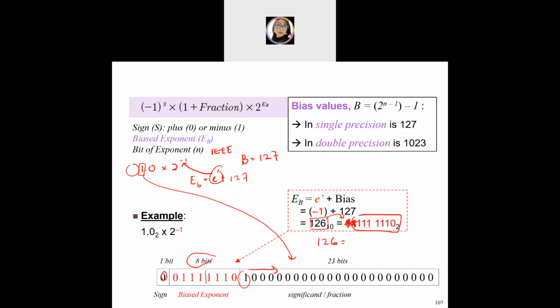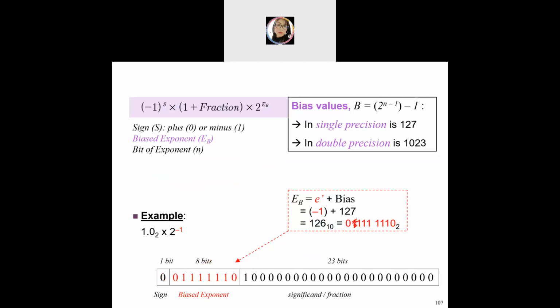How many 1s? 6, Doctor, right? I think in the slide here you can correct it because there is no extra 1 here. So you will get 1111110 for 126 converted to binary.